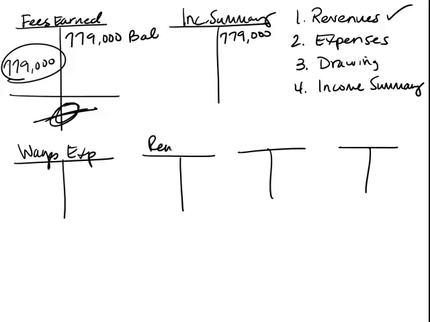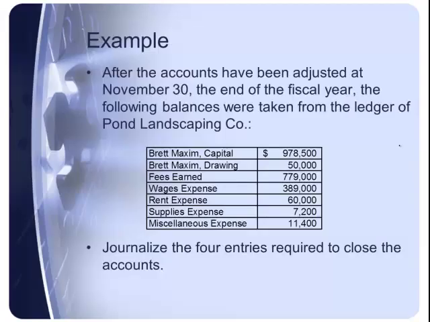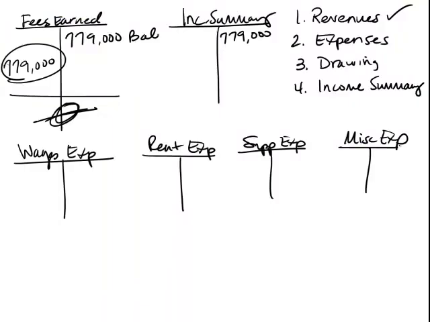Got $389.60. First of all, are they debit or credit balances? Expenses? Debit.